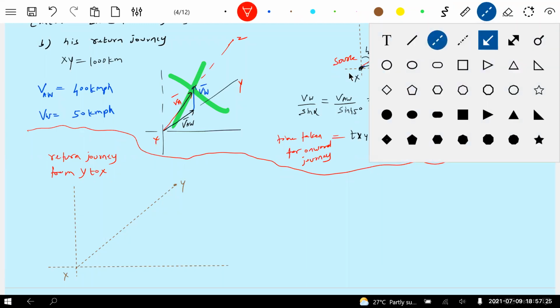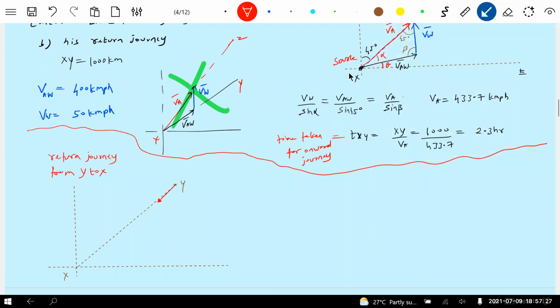I think now we are a little bit very good in this topic. The velocity of the aircraft with respect to wind, let it be directed along the path. Then the wind is blowing in this direction.